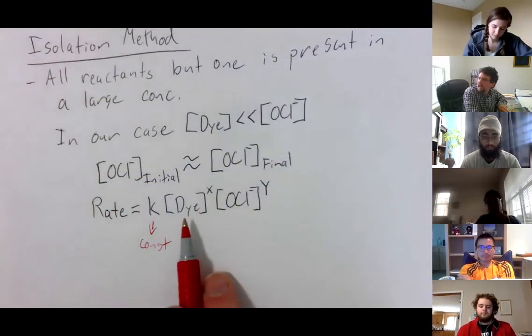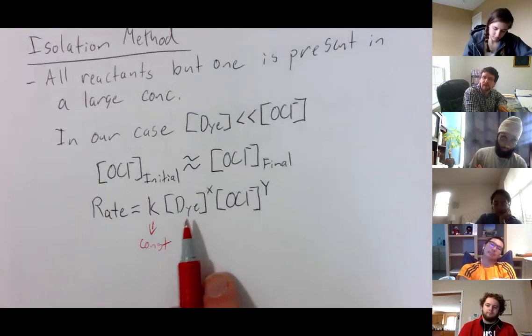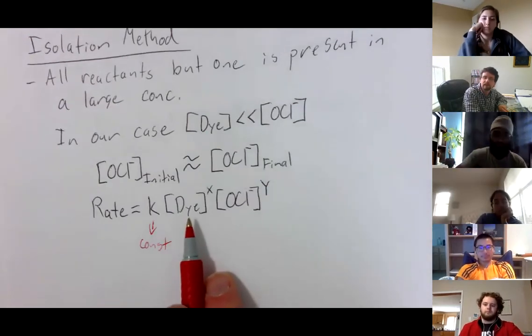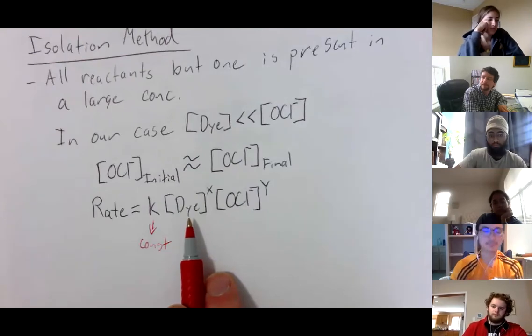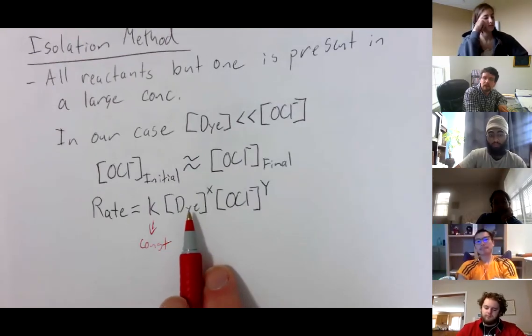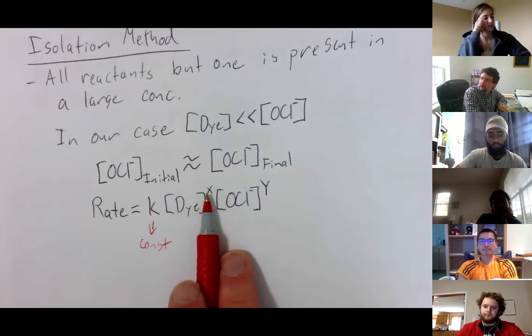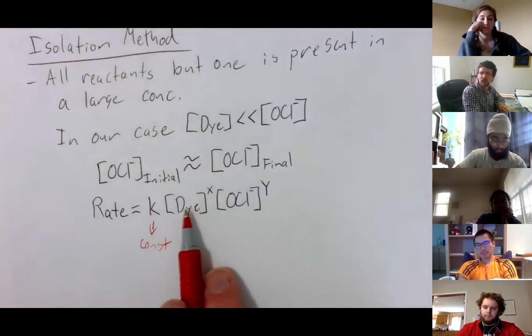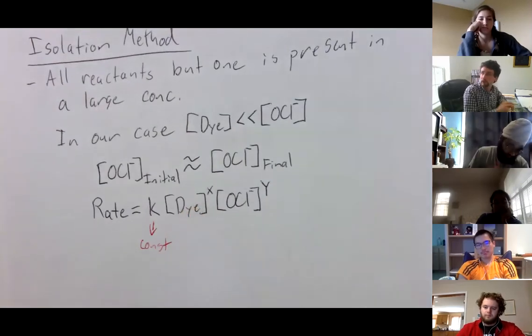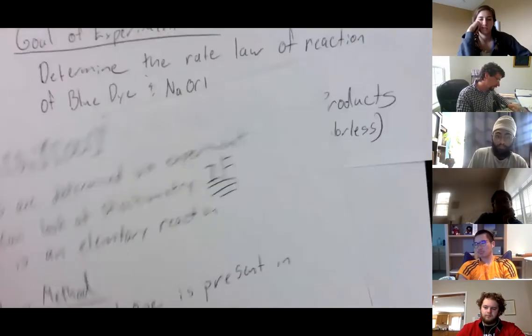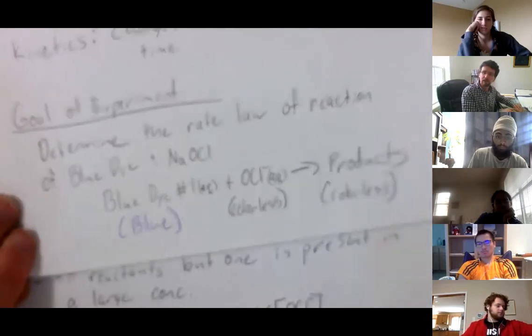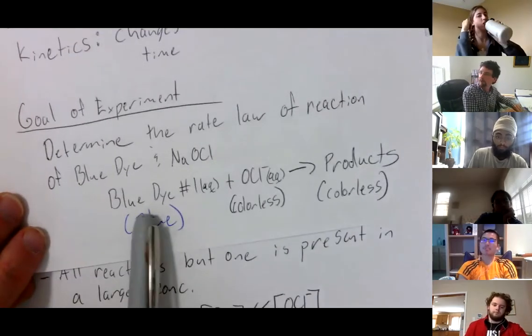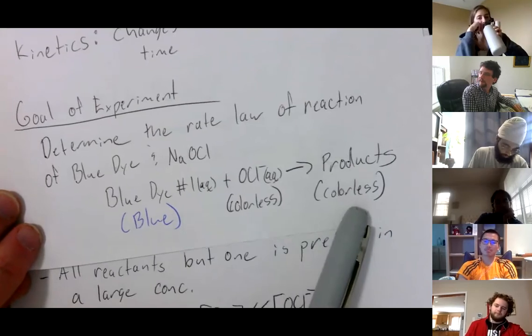The concentration of the dye, is that going to change throughout the course of the experiment? So it's like 0th order or first? Well, we'll talk about what that order is in a minute. But the question I have is, is the concentration of the dye going to change through the experiment? Well, we said that when we were keeping track of stuff, the dye is blue and the products are going to be colorless, right?